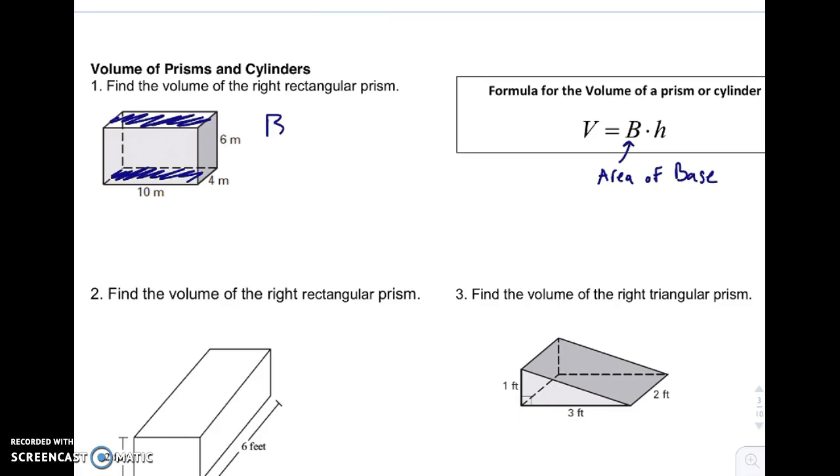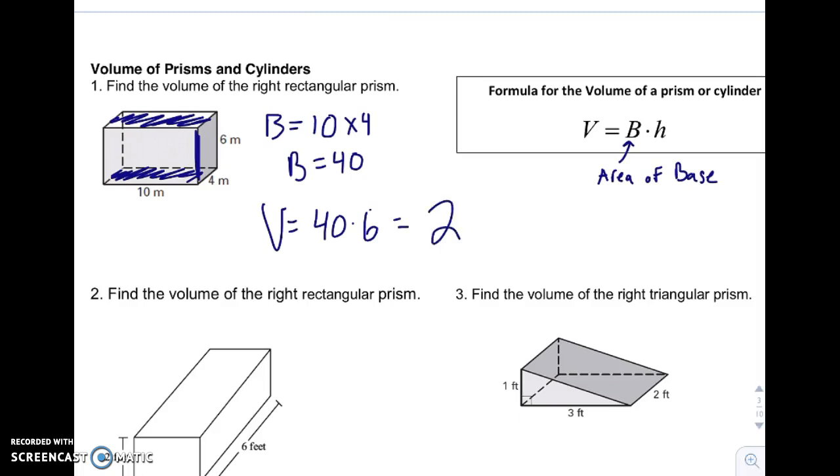But here, we have a rectangle, so it's 10 times 4, the area of the base is 40. And then the height is the distance between those two things, which is 6. So volume will equal 40 times 6, which equals 240.